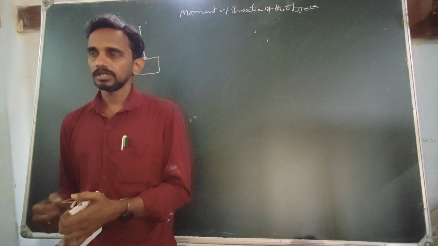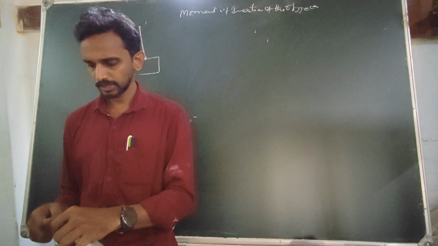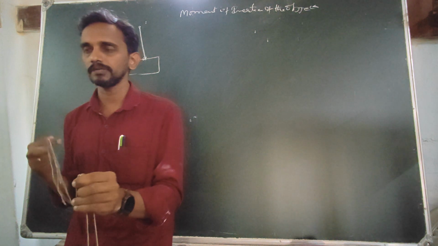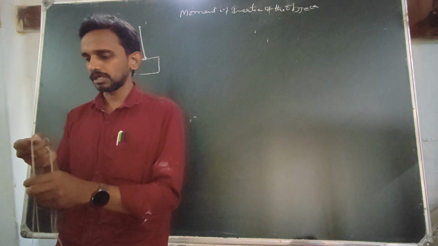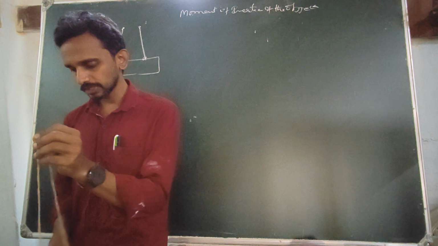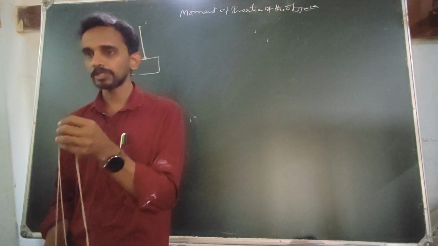Coming to rotatory motion, the corresponding equivalent parameter is moment of inertia. It deals with how easily an object can be brought into circular motion. Normal inertia deals with linear motion; for circular motion we call the parameter moment of inertia.